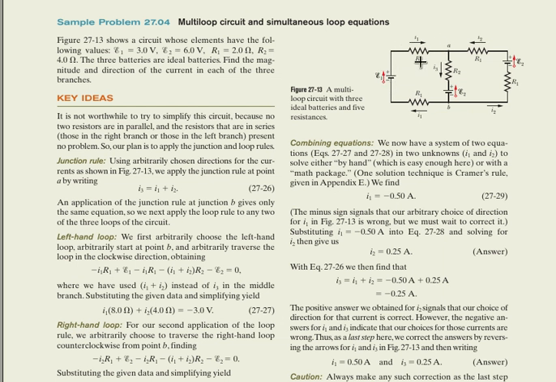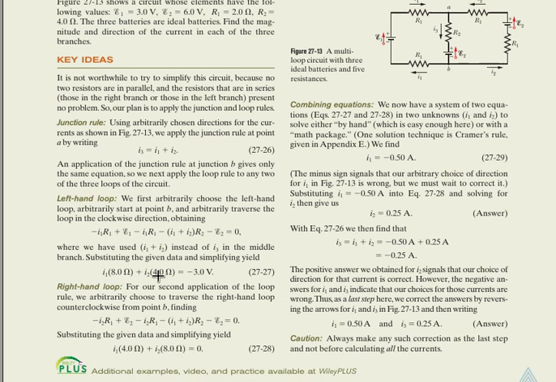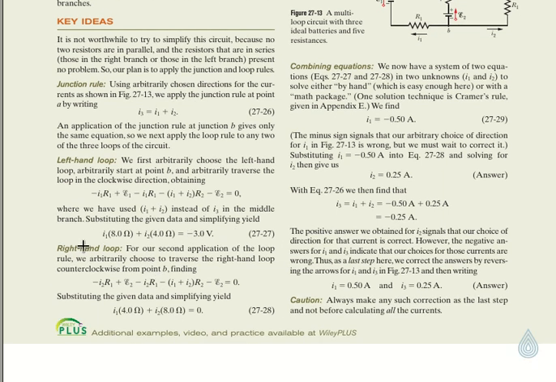Then I1 R1 again with a minus, and then you have I3 times R2 with a minus, and here they replace I3 by I1 plus I2. Then this is negative because it goes from plus to minus, so it's E2, equals 0. So you have this equation.